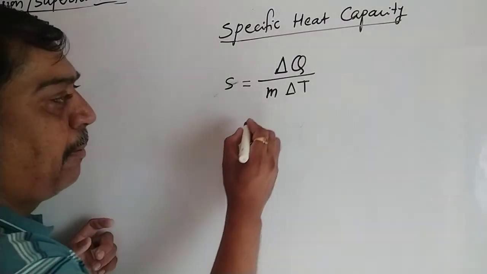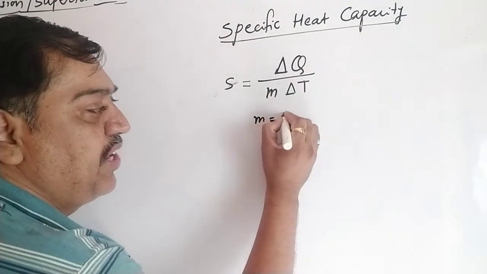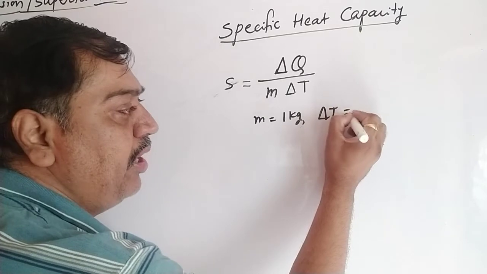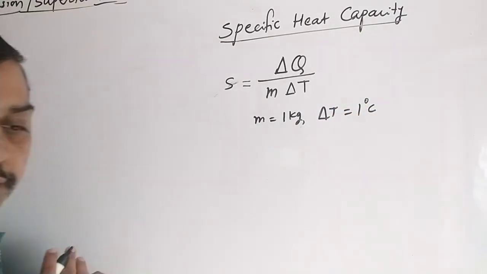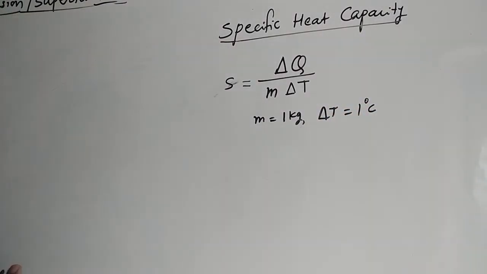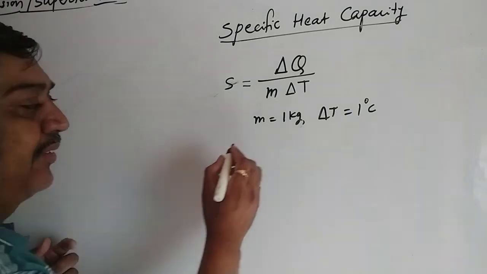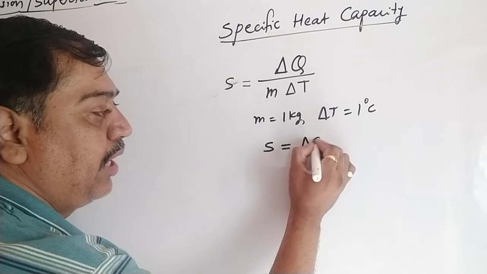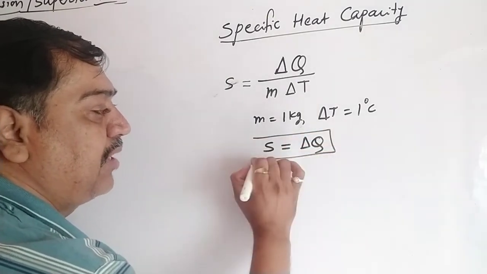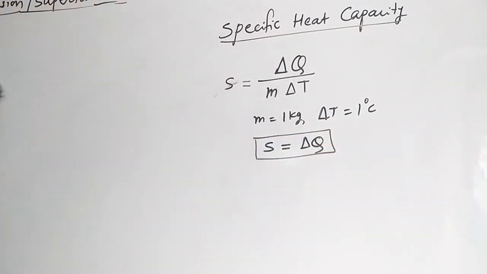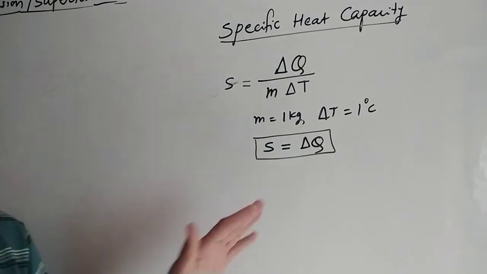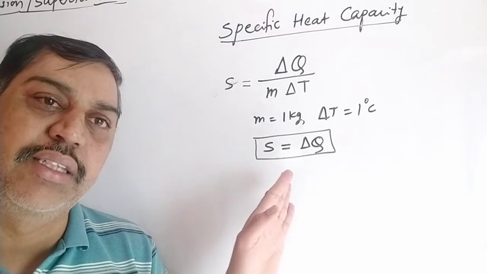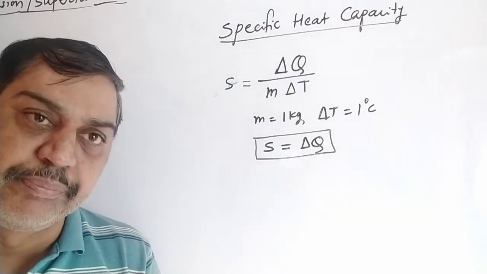If the mass is 1 kg and the change in temperature is 1 degree Celsius, then we can write specific heat capacity is equal to delta Q, the amount of heat supplied or taken out from a material. Now below this they have given the definition. I know that you didn't understand anything in this. I will tell you now.